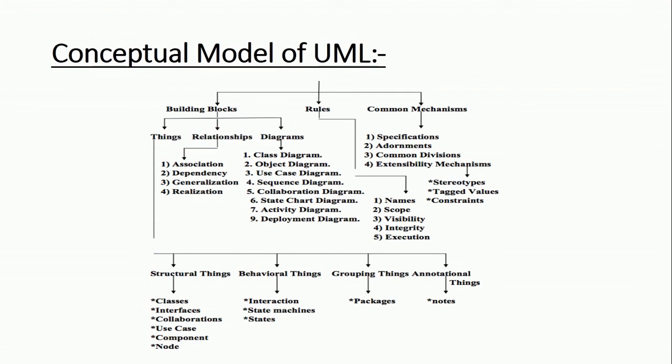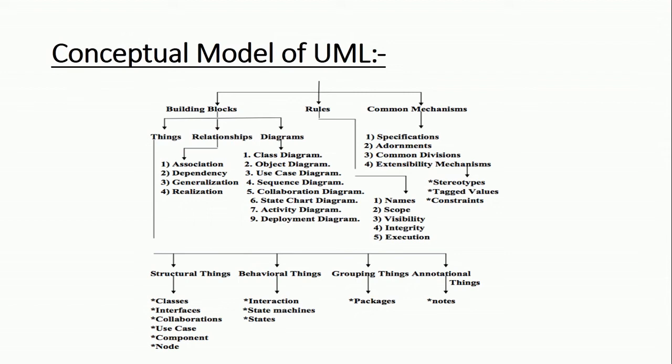Sequence diagrams are sometimes called event diagrams or event scenarios. Next is collaboration diagram. Collaboration diagrams are used to show how objects interact to perform the behavior of a particular use case or a part of use case. So this is known as collaboration diagram.